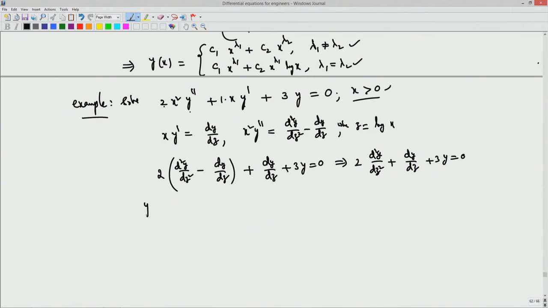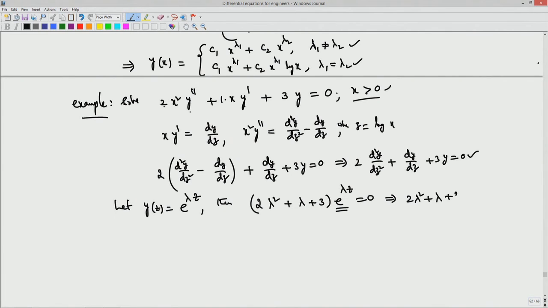You look for y of z as e power lambda z solutions. Substituting into this equation, you will get 2 lambda square plus lambda plus 3 times e power lambda z equal to 0. This cannot be 0, so the polynomial has to be 0.